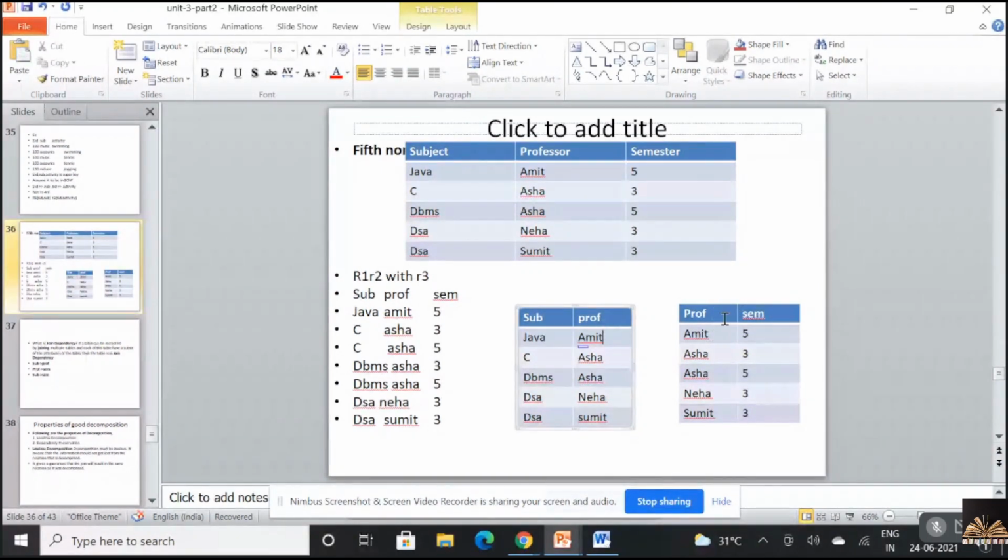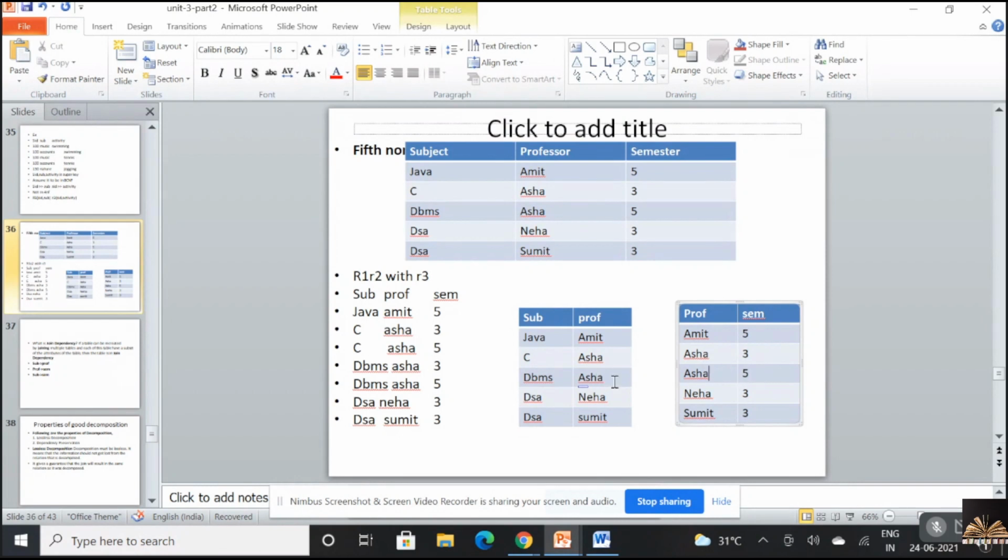So Amit and Amit, Java, Amit, 5. That is 1. Now the next row, Asha over here, Asha is equal to 2 times Asha over here. So Asha who teaches semester 3, Asha who teaches semester 5. So that is the reason C Asha 3, C Asha 5.